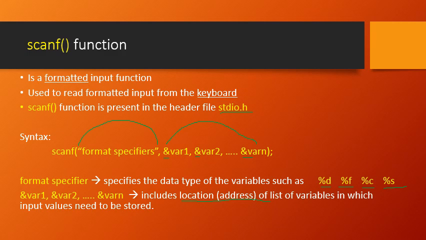Address of the variable means, if you want an analogy, every house has an address to identify its location, where that particular house is located, right? It has a physical address. In the same way, the variables which we declare in the programming language are going to be stored in the memory.